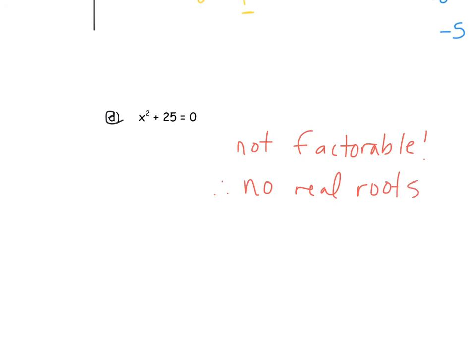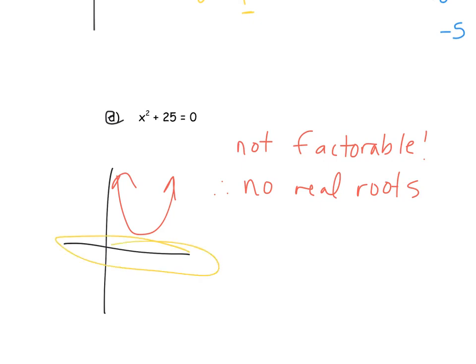So this is one of those parabolas that has no real roots. Presumably it's going to be somewhere up in this region, not ever crossing my x-axis anywhere. If you stumble upon a quadratic equation that you cannot factor, that doesn't always necessarily mean that there will be no real roots, but certainly you can't find the factors easily.